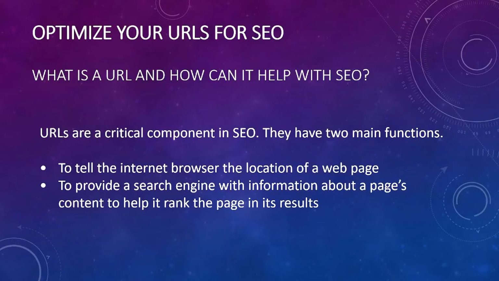So first, let's optimize your URLs for SEO. URLs are a critical component in SEO. They have two main functions. First, to tell the internet browser the location of a web page, and then to provide a search engine with information about a page's content to help it rank the page in its results.